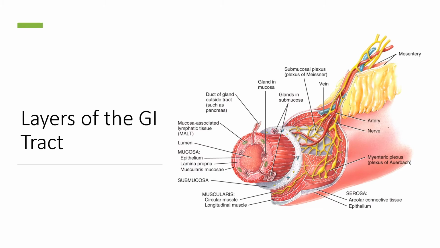The entirety of the wall of the gastrointestinal tract has the same basic four-layered arrangement of tissues.